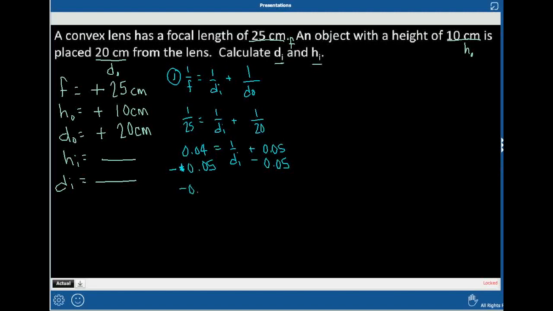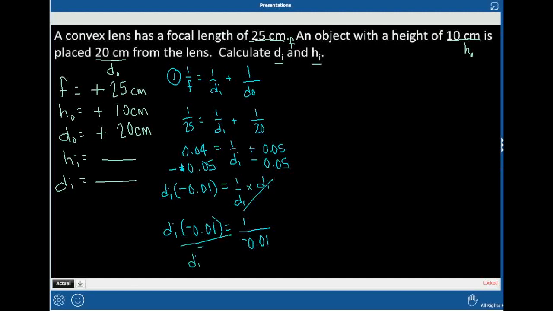Okay, so I'm going to get negative 0.01. This is not my answer, remember, right? It's too tiny to be my answer. I need a number that's bigger. So that reminds me that I need to go ahead and do some algebra. Now, you don't actually have to do this algebra. You could just know that you need to do 1 divided by whatever that number was, and that would be fine.